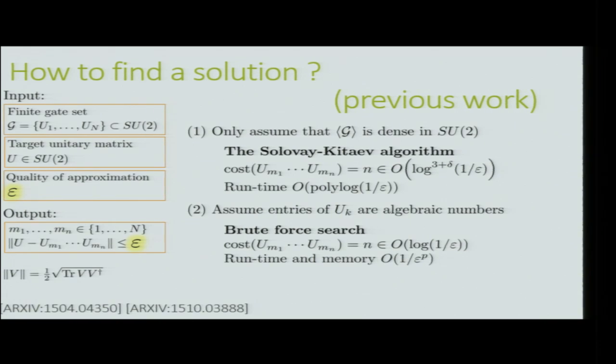Is it exponential in log of 1 over epsilon? No, it does not depend on epsilon, right? It just depends on G. So somebody gave you G, and you can precompute. So the point is, if you're given some bad G, you have to first wait till you randomly walk near the identity.